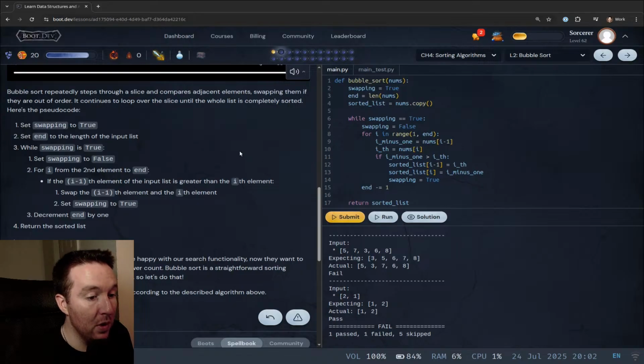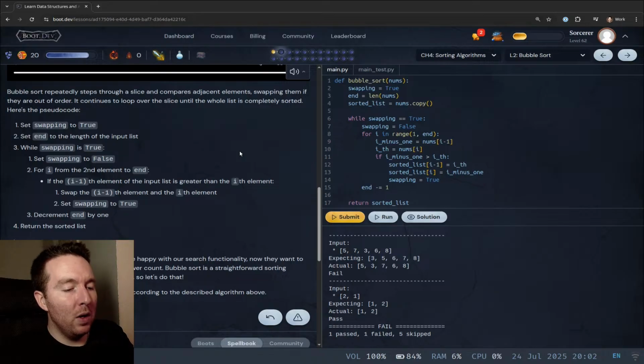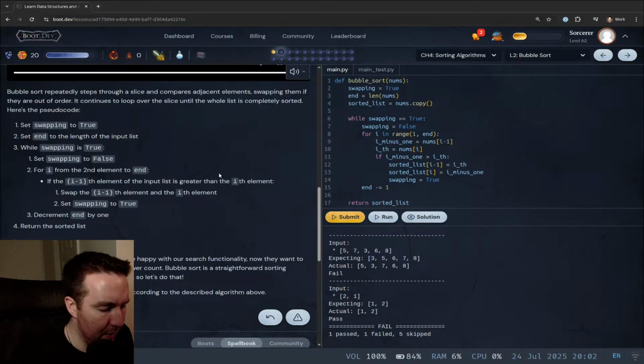Huh. Decrement n by 1, return the sorted list. Everything's nested in the right way.